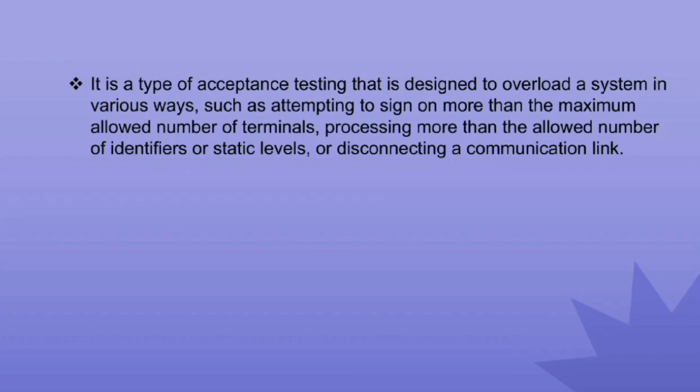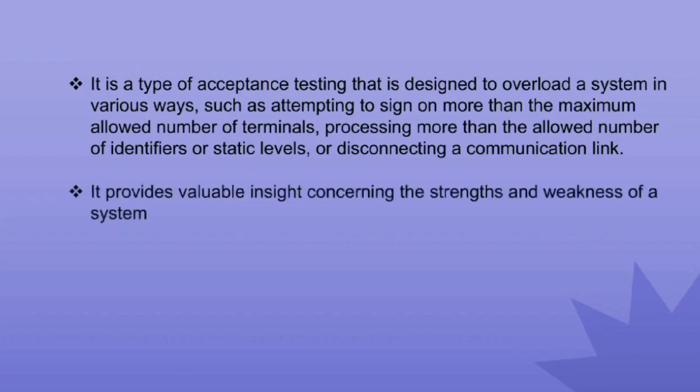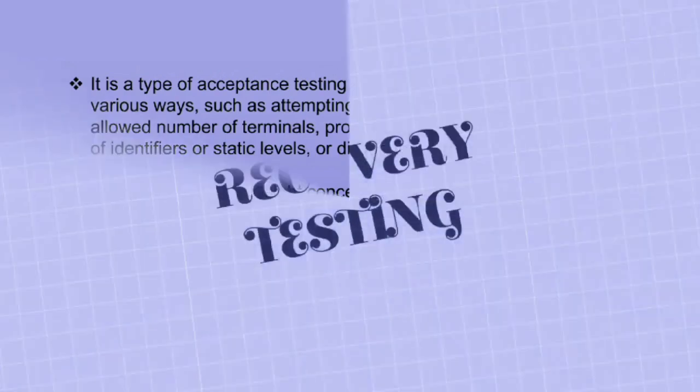It is a type of acceptance testing that is designed to overload a system in various ways, such as attempting to sign on more than the maximum allowed number of terminals, processing more than the allowed number of identifiers or static levels, or disconnecting a communication link. It provides valuable insight concerning the strengths and weaknesses of a system.